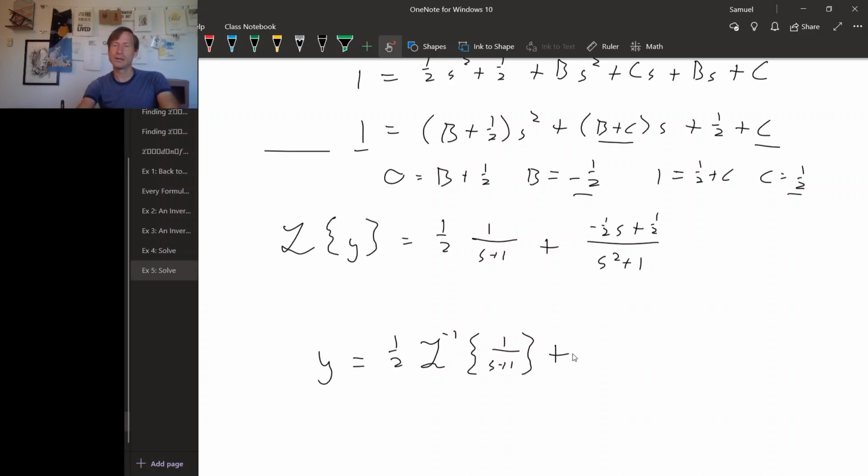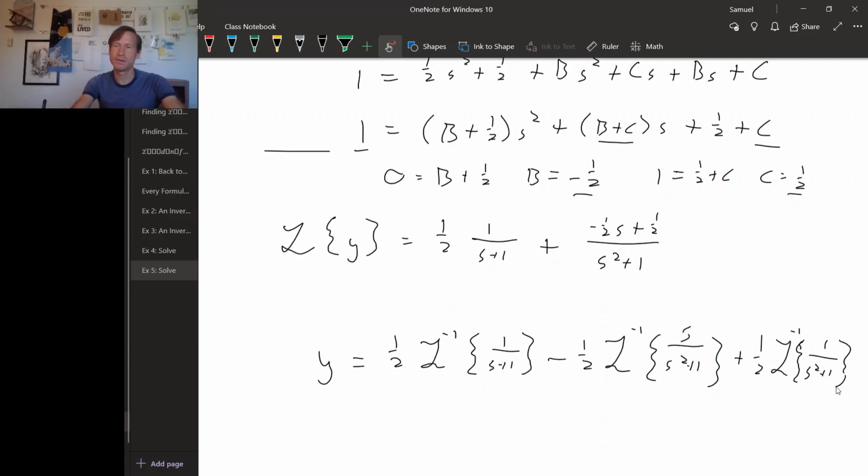So I guess I need a minus 1/2 times the inverse transform of s over s squared plus 1 plus 1/2 times the inverse transform of 1 over s squared plus 1.